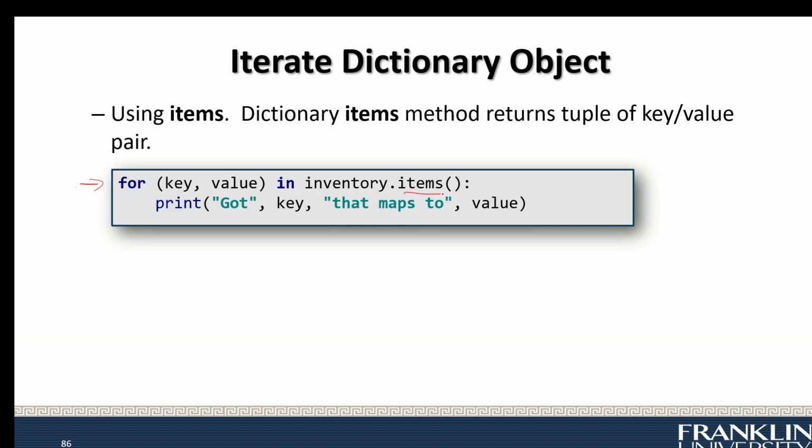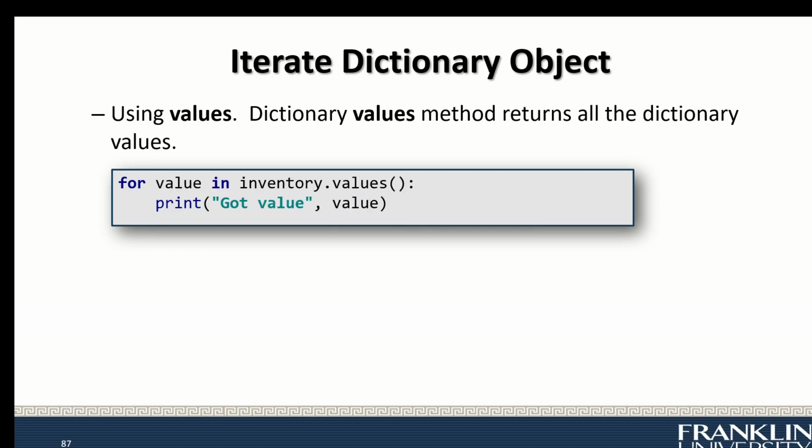With items, you get the key and value all in one shot. So I can say key, value in my print statement without using an inventory sub key. And with values, you get just the value without knowing the key, which for the most part is no good.